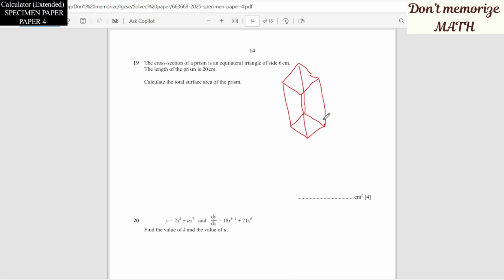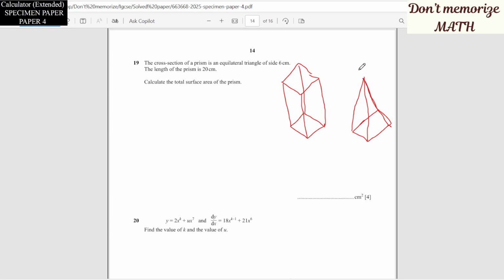Then pyramid. What do you mean by pyramid? Pyramid means there will be a base, whatever shape you have, maybe triangle, rectangle, or whatever. You will be having a base, and there will be a point in which all of them will be connected to the corner. So this is a pyramid.